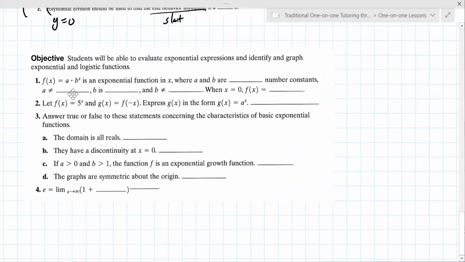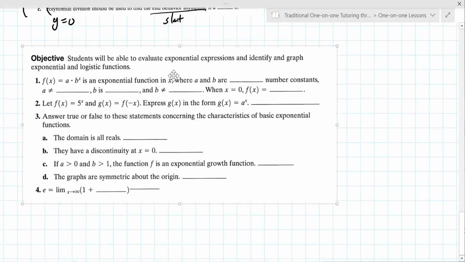A times b to the x is an exponential function in x where a and b are numbers. This is weird. I don't know what to put in some of these. A cannot be 0. B is not 0 either. Usually A and B are positive, but not always.